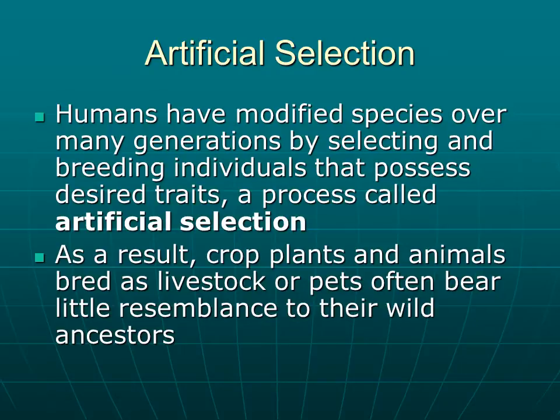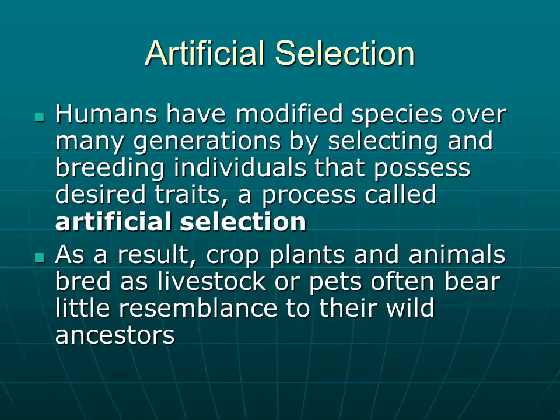When we select an organism and breed it to produce traits that are beneficial to us, we call that artificial selection. On the bottom it says, as a result, crop plants and animals bred as livestock or pets often bear little resemblance to their wild ancestors.